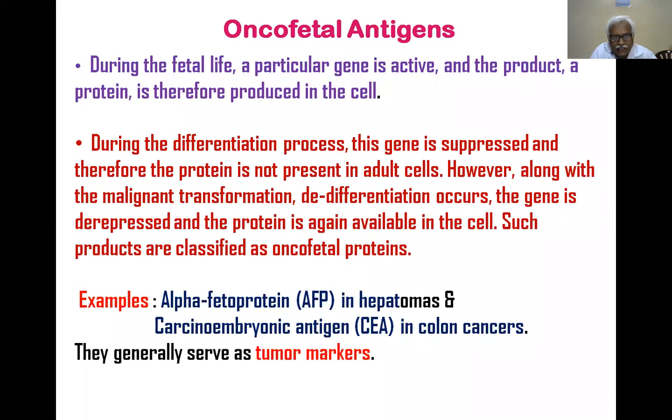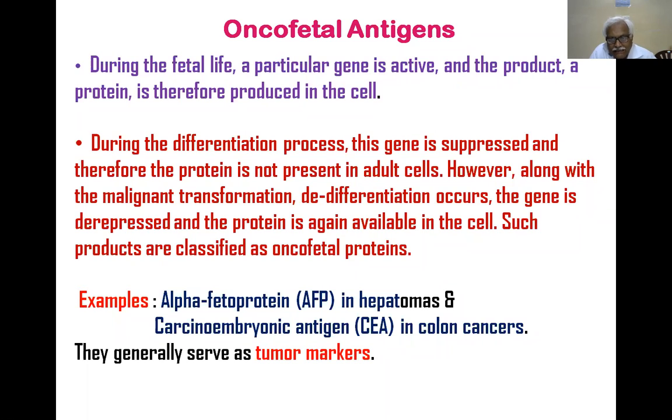An example for that is alpha-fetoprotein, AFP. In hepatomas, it will still be present even in adult life. So if we happen to see AFP, then we are fairly sure that the person is going to suffer from hepatoma.